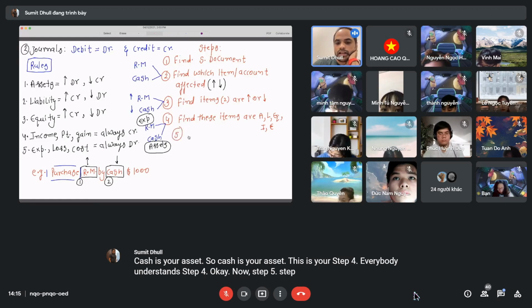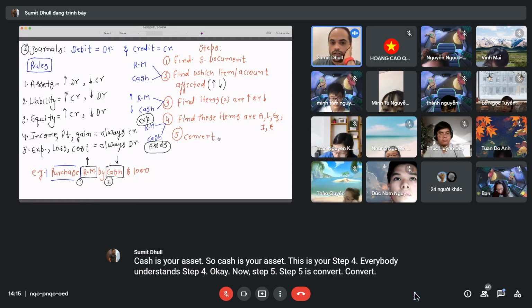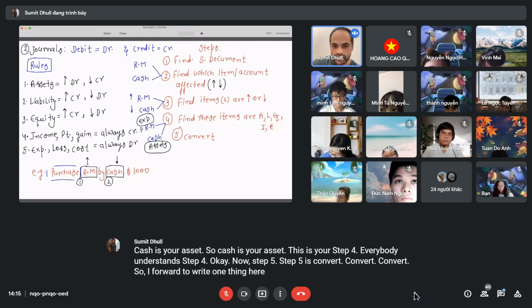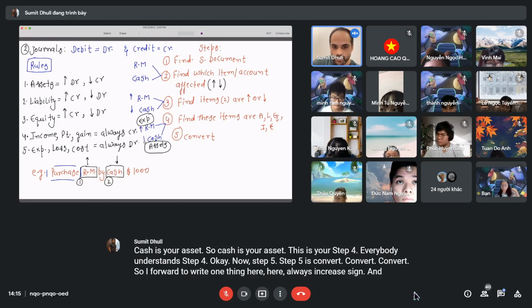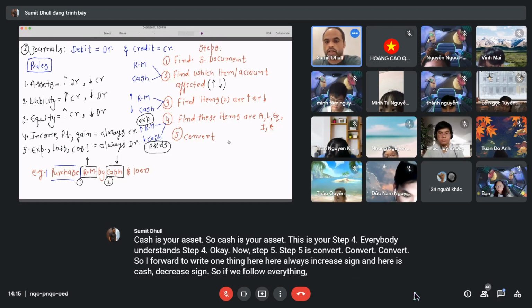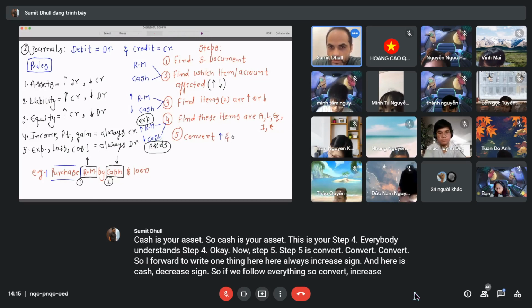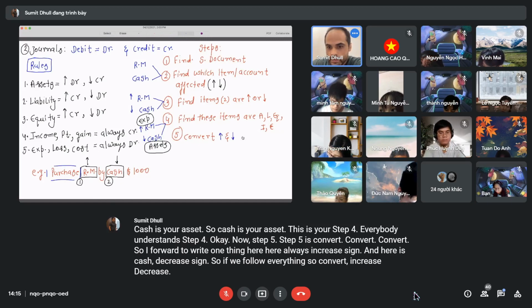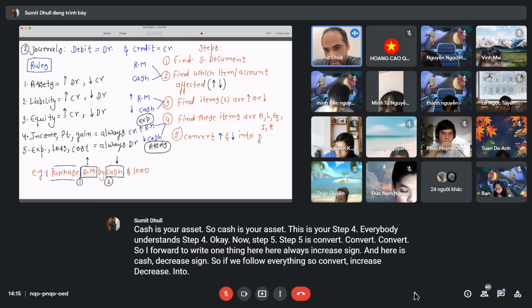Step 5 is convert increase and decrease into debit and credit following the rules. I forgot to write one thing here: here is always the increase sign, and here is the cash decrease sign.